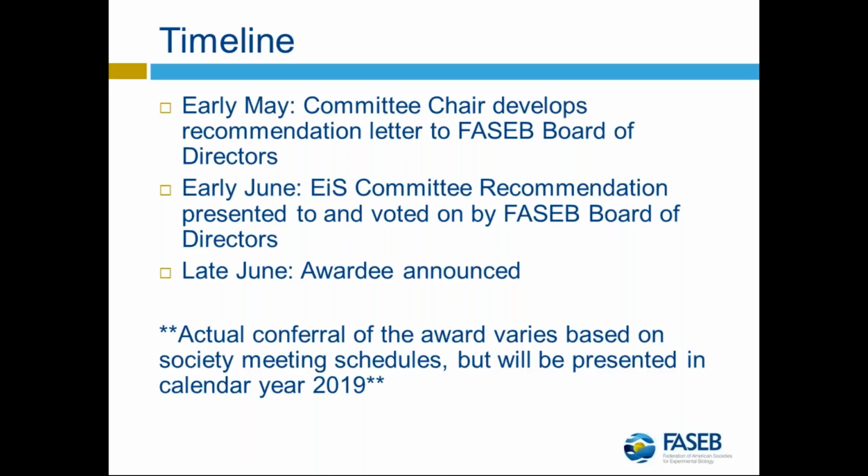Then in late June, that is when we begin announcing the awardee. In terms of the actual conferral of the award, the reason we're a year ahead of cycle is because we want to make sure the award is conferred in the same year as the annual meeting at which the awardee will be presenting. So, depending on which meeting the awardee selects, the date of the actual award lecture and presentation varies.